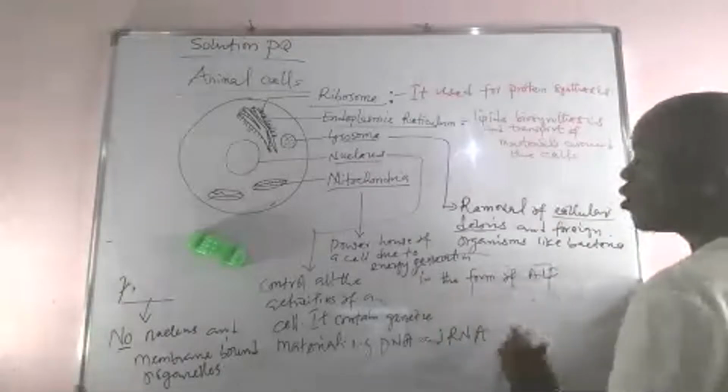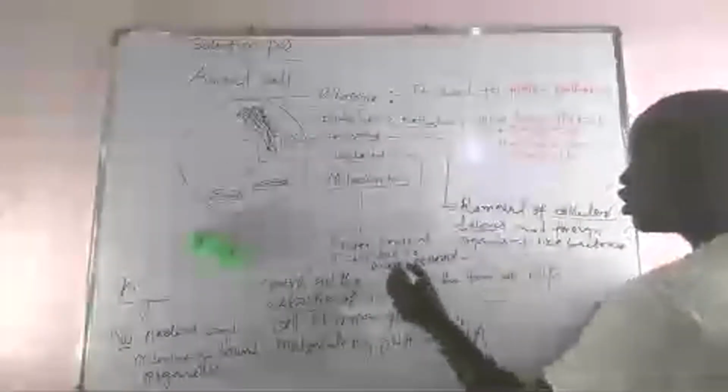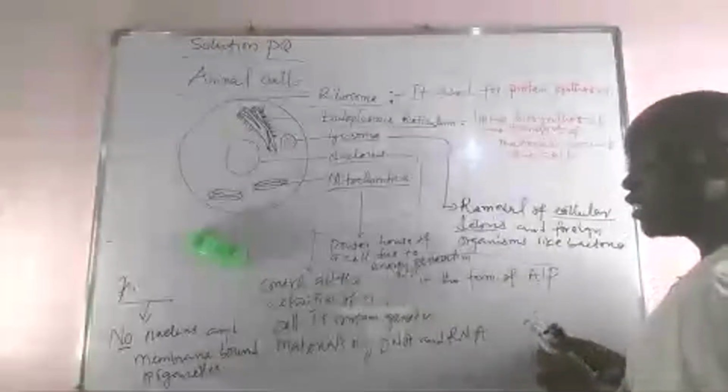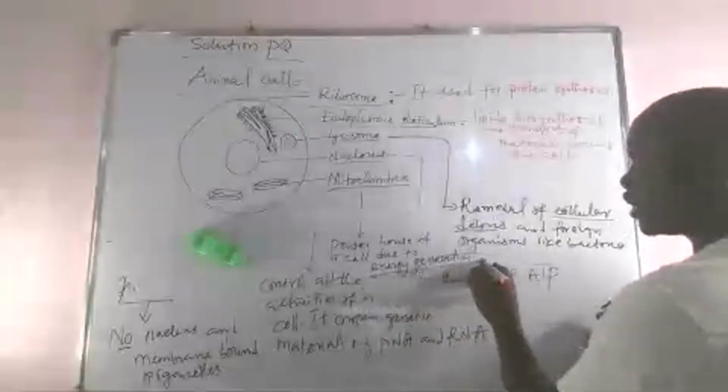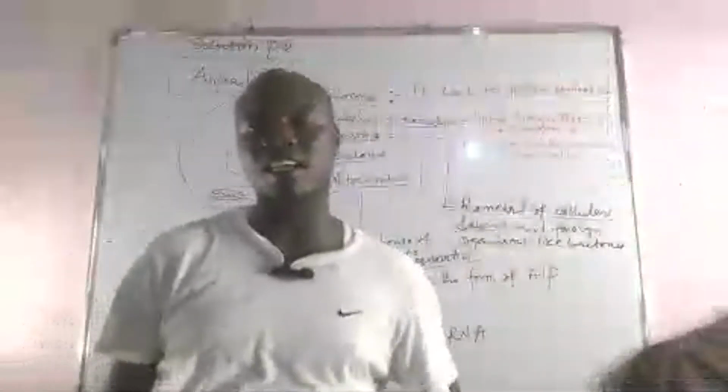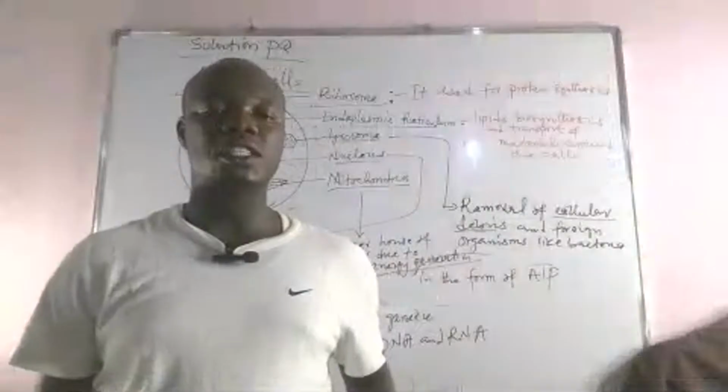So because it generates energy in the form of ATP, that is why mitochondria is considered the powerhouse of the cell.